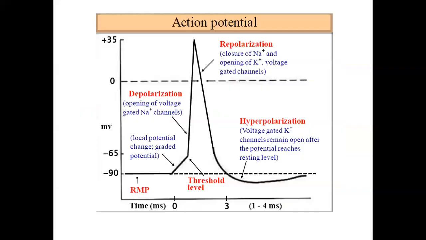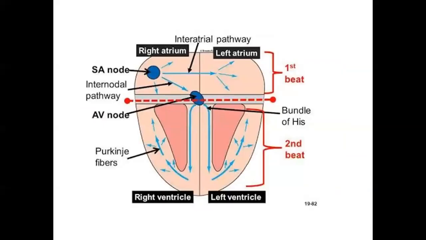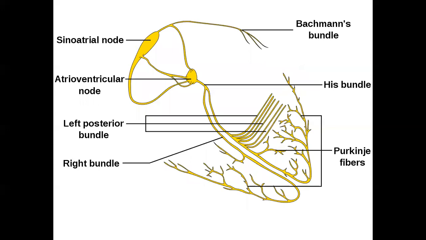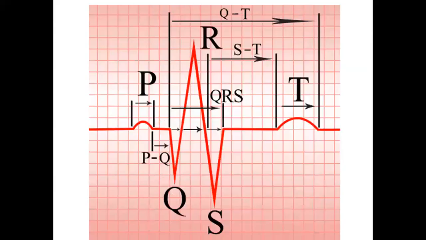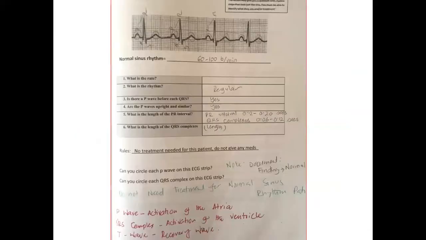If the impulse does not come from the SA node, or does not come from even the AV node, we say abnormalities, right? The SA node produces impulses at 60 to 100 beats per minute. If the rate is not in the normal range, we also say abnormal.